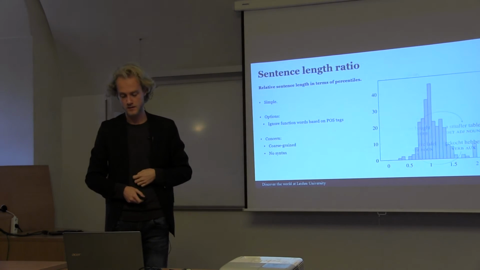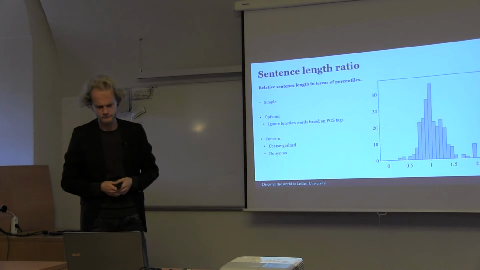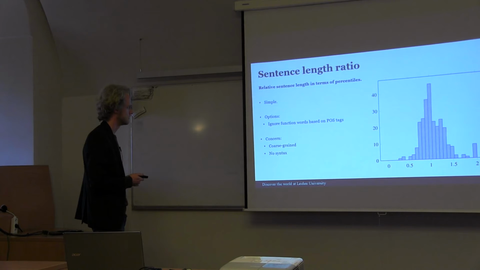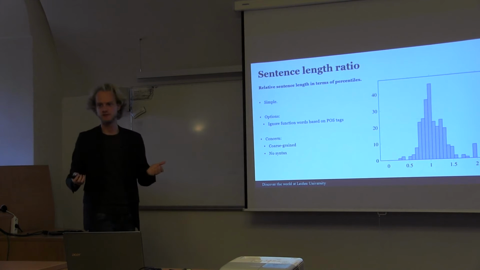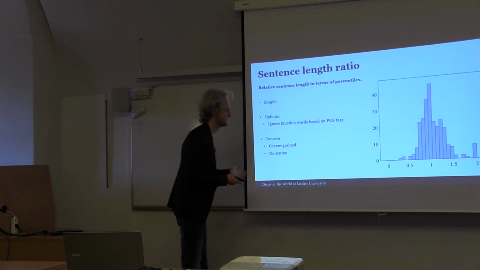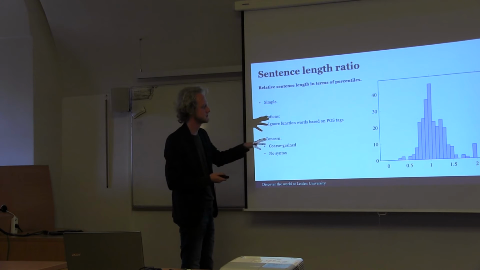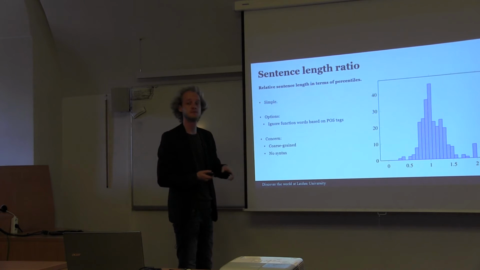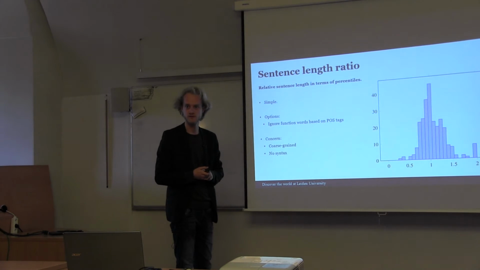Now, the sentence length ratio, we looked at the relative sentence length in terms of percentiles, and this also is computationally very cheap. In terms of percentiles, it means that we throw out the n% sentence pairs with the most extreme sentence length ratios, right?